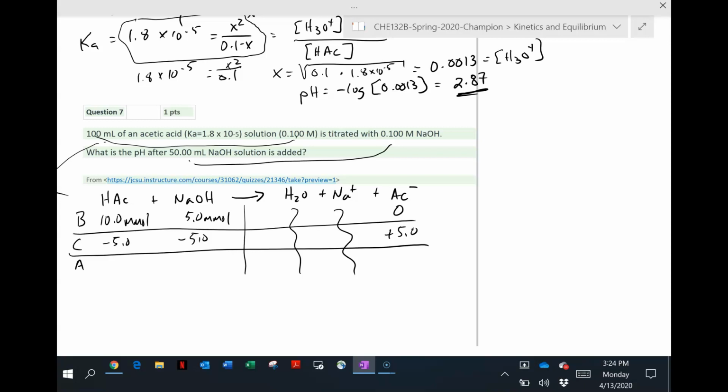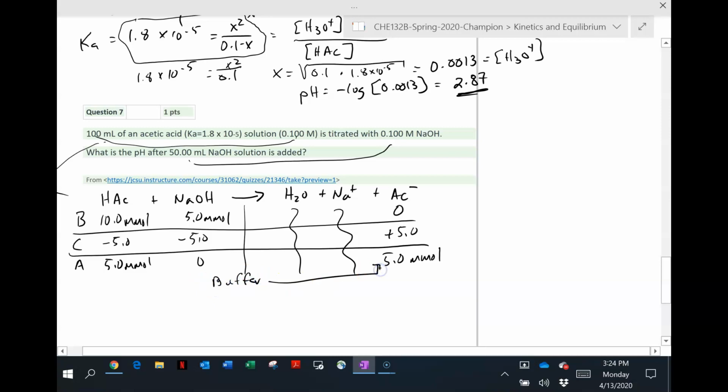So we wind up with 5 millimoles of acetic acid left over, no NaOH, and 5 millimoles of acetate ion. Now, we've got both members of a conjugate acid-base pair present. That's a buffer, because we have acetate ion and acetic acid present.